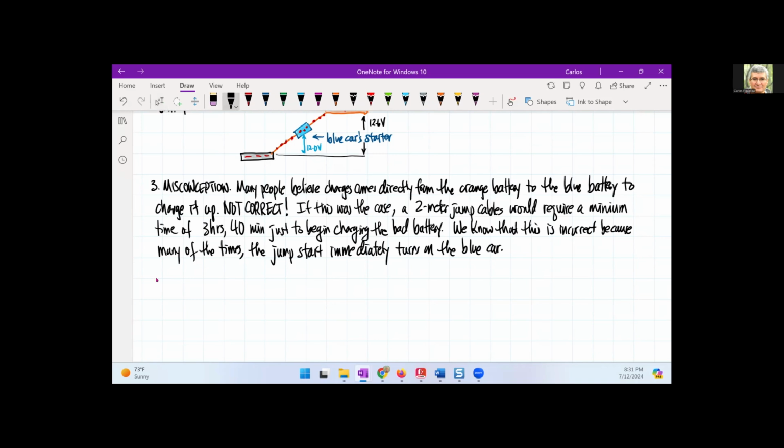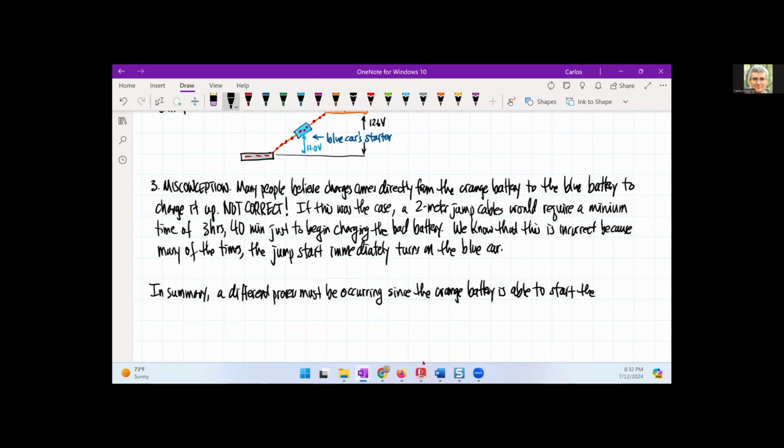So once again, in summary, a different process must be occurring since the orange battery is able to start the blue car.